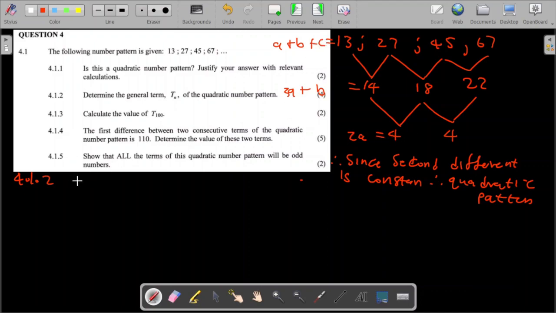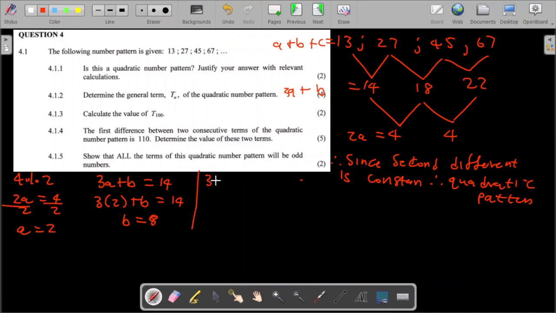Starting from the bottom, we have 2a equals 4, then divide by 2, so my a is equal to 2. Then 3a plus b equals 14, so 3 into 2, which is 6, plus b is equal to 14. So b is 14 minus 6, which is 8.